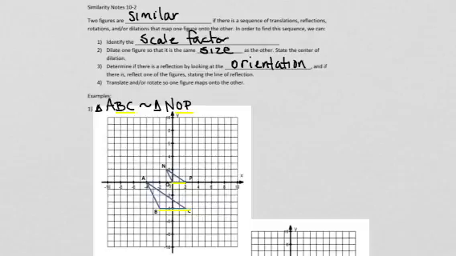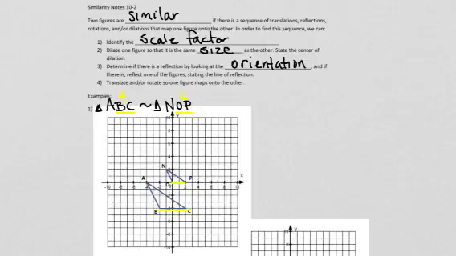That means that our scale factor could be one of two things. If we are talking about making ABC smaller, the scale factor would be 1/2. If we're talking about making NOP larger, the scale factor would be 2. And in this case, I think it's going to be easier to make NOP bigger.